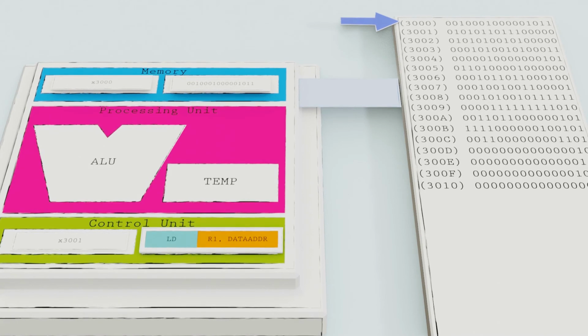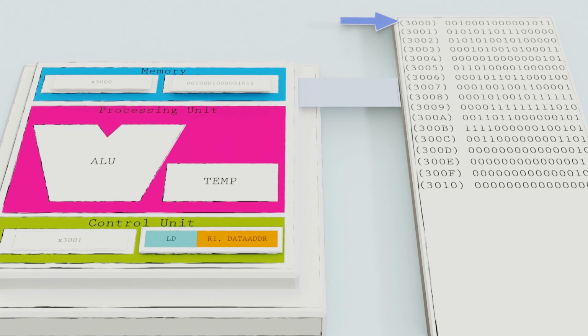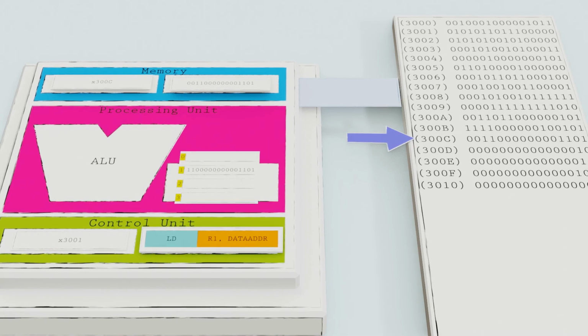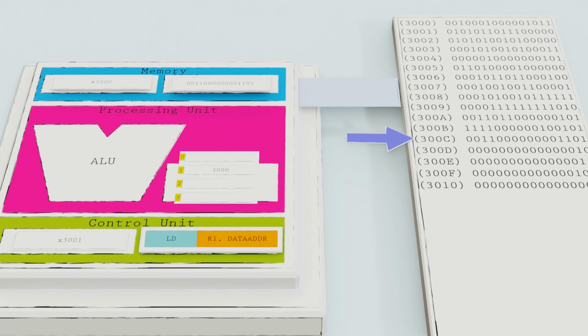In this example, the instruction to be executed is load from memory and place that in register 1. The CPU therefore sets the memory location 300C into the memory address register and issues a read to memory. The contents of memory address is then copied into the memory data register and then onward to its final destination, register 1.